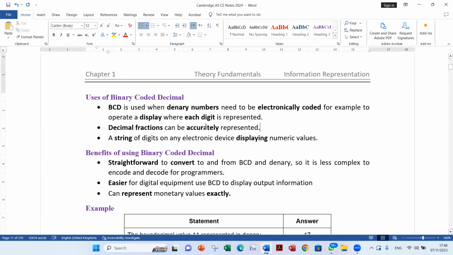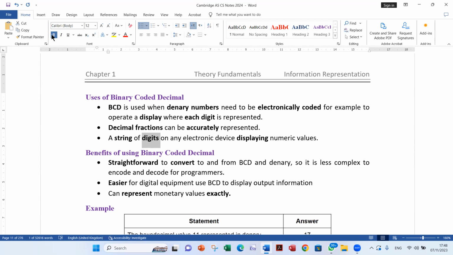Decimal fractions can be accurately represented using BCD, just displayed as a string of digits on any electronic device displaying numeric values. So these are the cases where you could use BCD just to display a value on the screen.